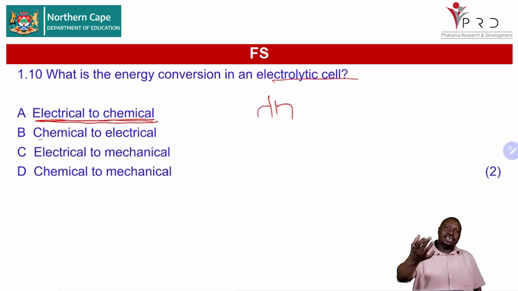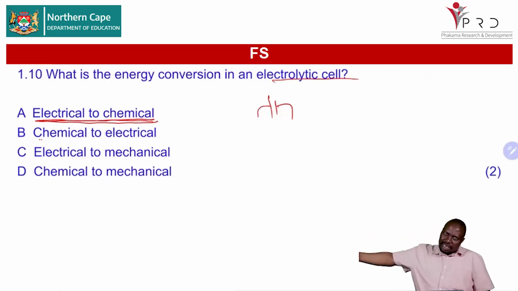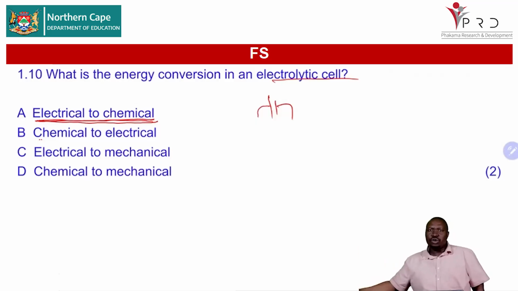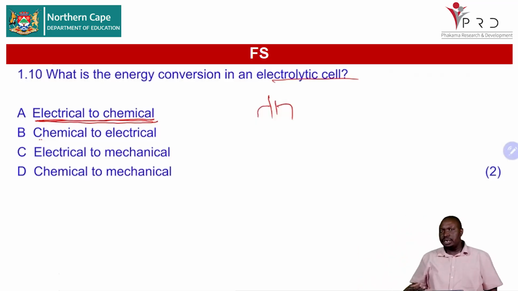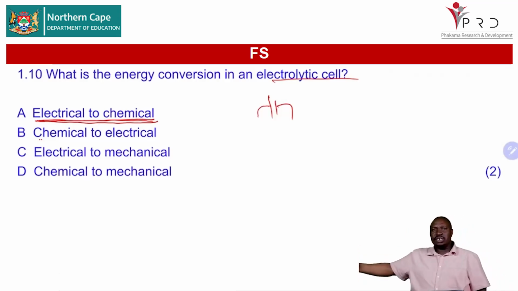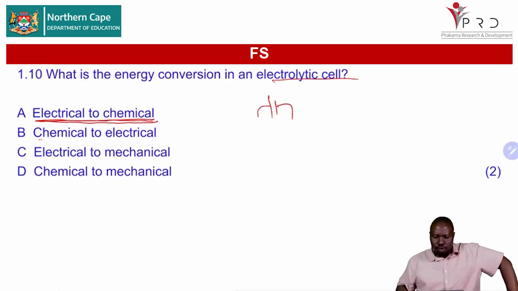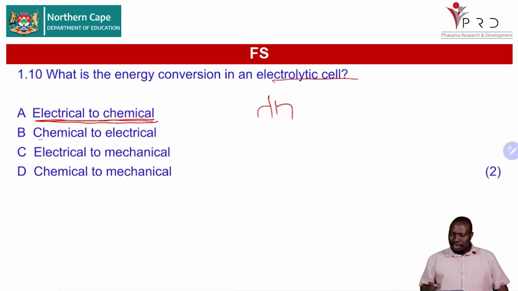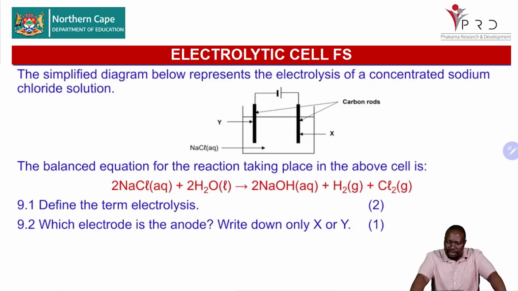We're using electricity to force the positive anode to lose electrons. Remember, a positive doesn't want to lose electrons, but because of the electricity, the direct current that we're using is able to take the electrons from a positive anode and give those electrons forcefully to the negative cathode. So you are able to say that, and then we're saying it's from electrical to chemical, it's non-spontaneous.